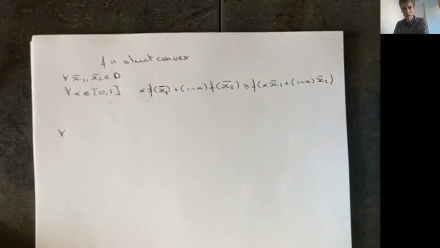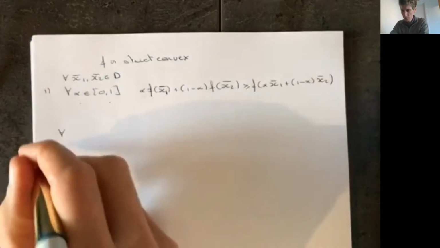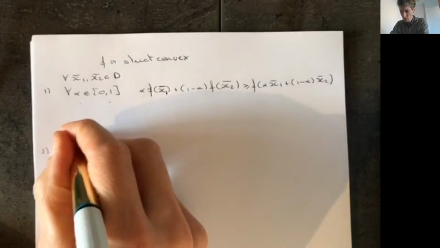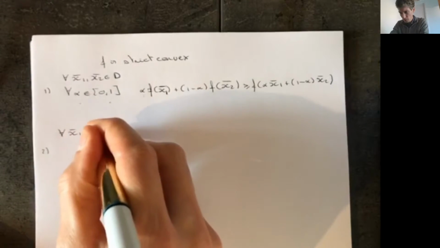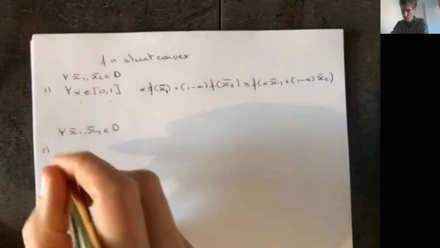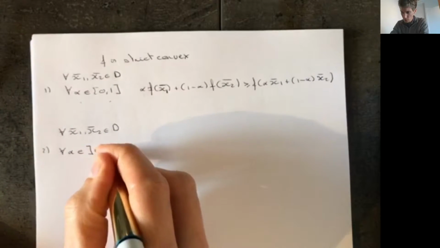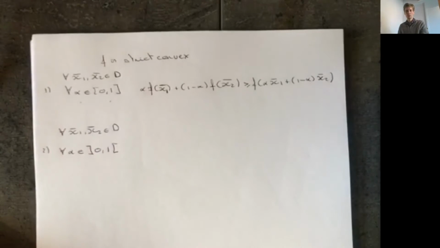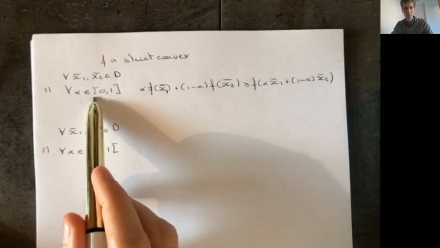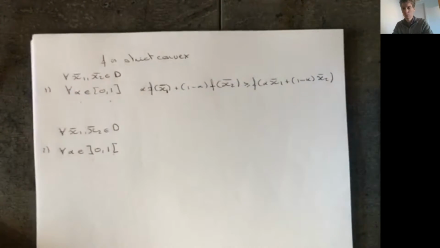And then we need a second requirement in addition: for all x1, x2 in the domain, and for all alpha strictly between 0 and 1, so here we exclude 0 and 1, whereas before 0 and 1 were part of this interval.